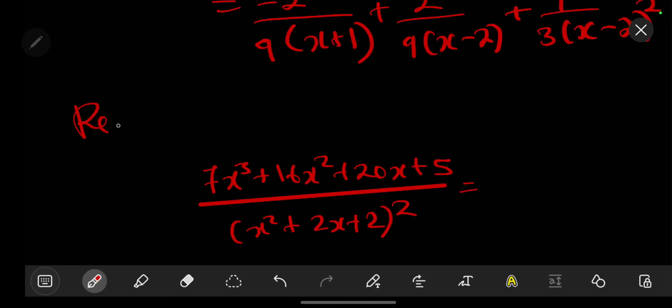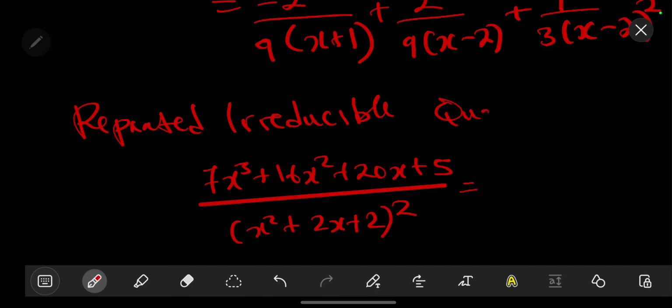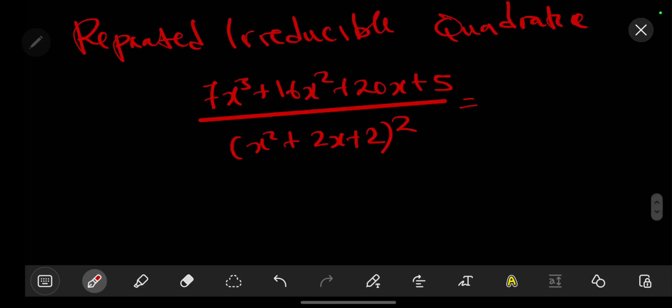So for this one, we have the repeated irreducible quadratic equation. So now remember what we said. The irreducible simply means you cannot factorize it. But let's say if it's repeating, how do we handle this one?